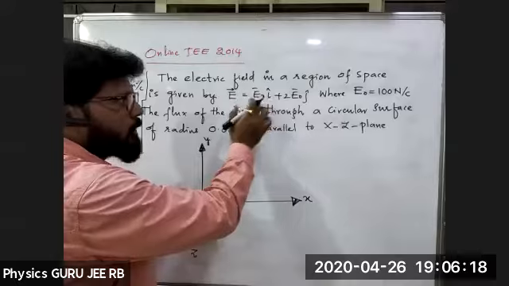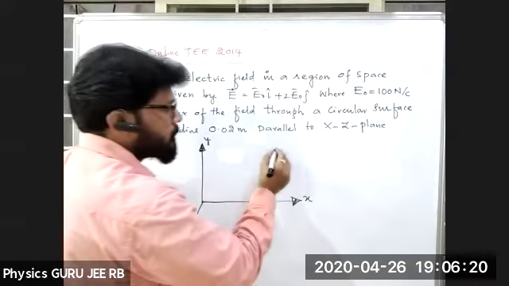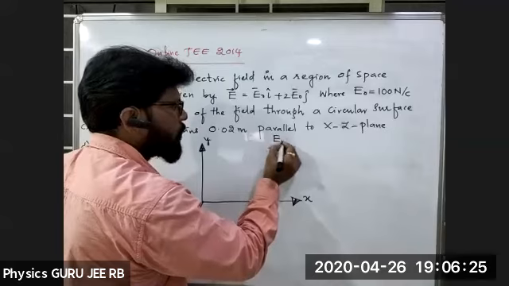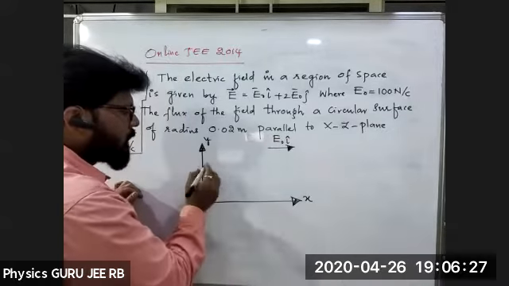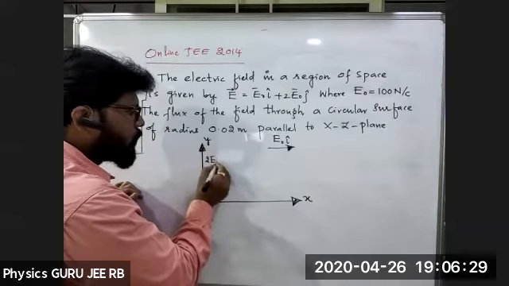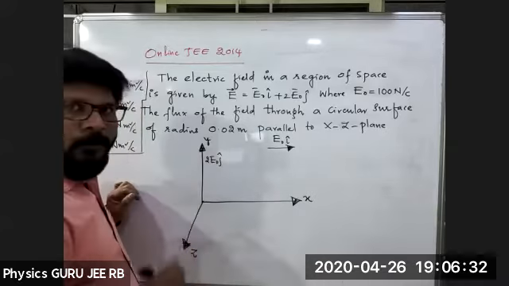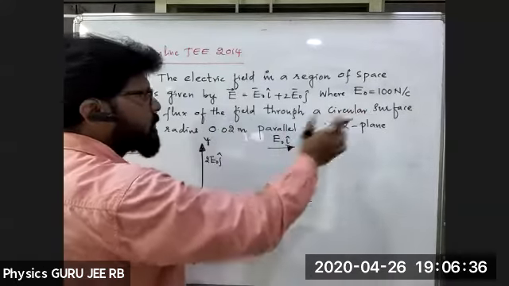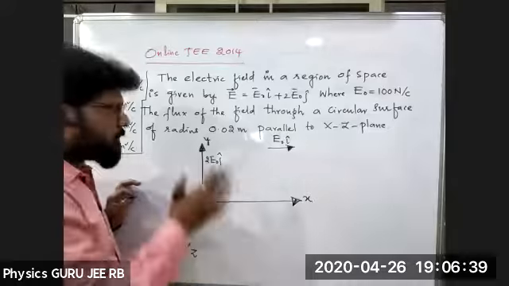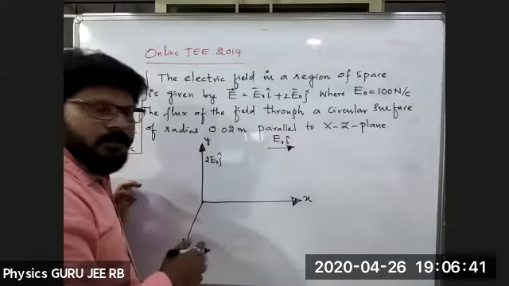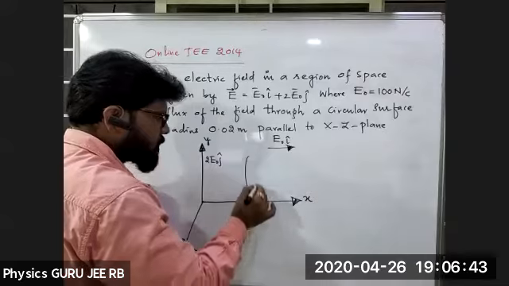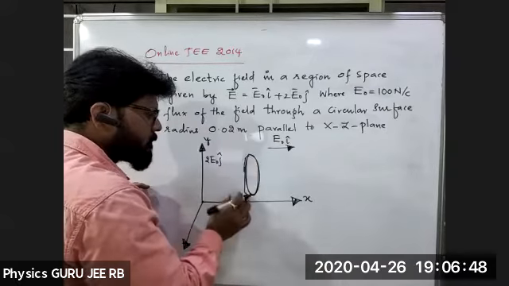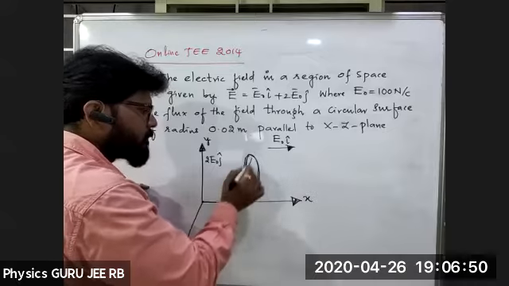If I take along the x direction, E naught into i cap, and in this direction, 2 E naught into j cap. So the flux through a circular surface of radius, there is a circular surface. Let me take the circular surface like this. This is nothing but the circular surface, right?